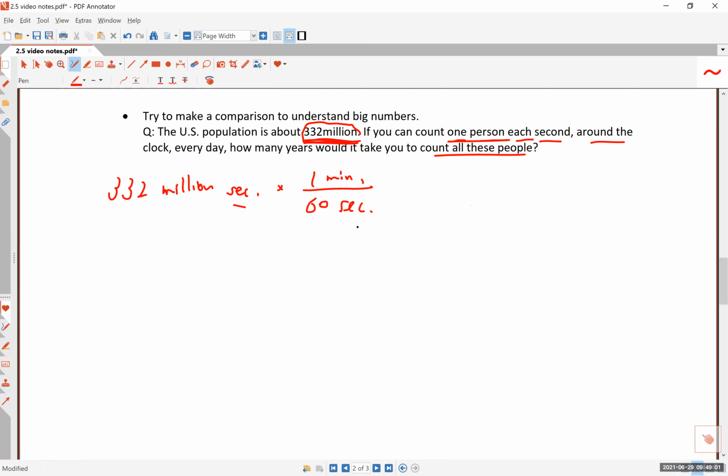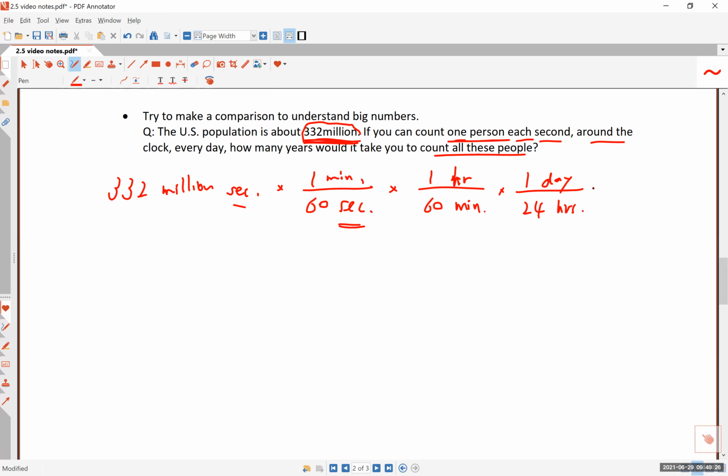So I'm going to divide it by 60 first to find the number of minutes, and then 1 hour consists of 60 minutes. And then 1 day consists of 24 hours.